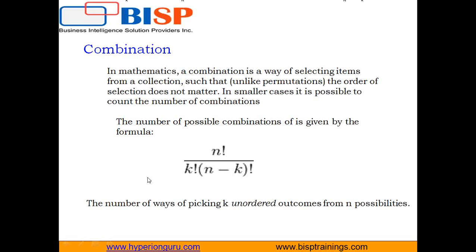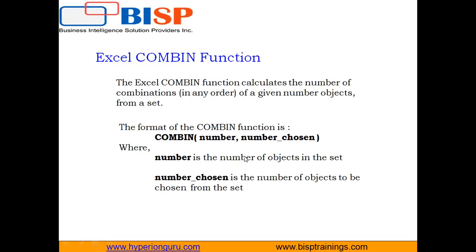But Excel provides us a formula, COMBIN, to calculate combinations. It takes two arguments, number and number chosen. The number is the total number of objects and number chosen is the number of objects to be chosen from the set.